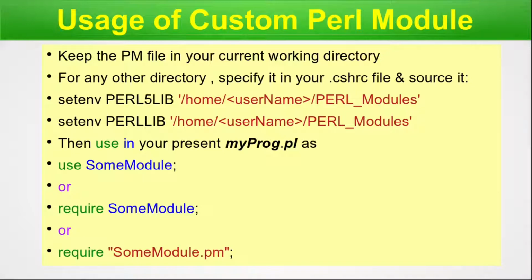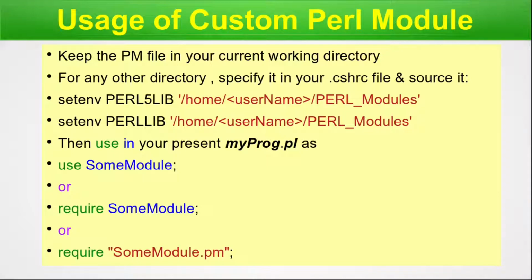Please keep in mind, this is a very important slide, because even if you write a Perl module, if you do not do these things, you cannot reuse the code. How many times would you have to copy the same module into each and every new working directory? That will be cumbersome, and you cannot modify the code easily. If you modify the code in one place, you have to copy it back to all the other places.